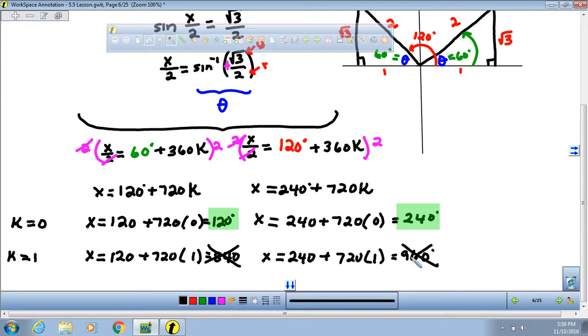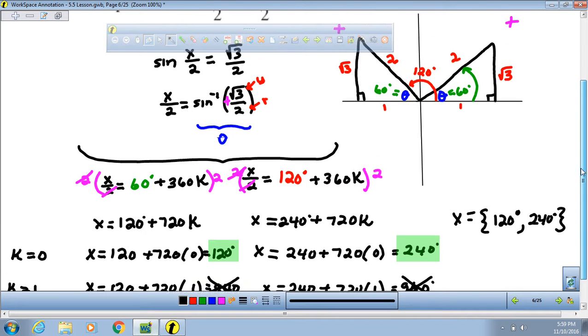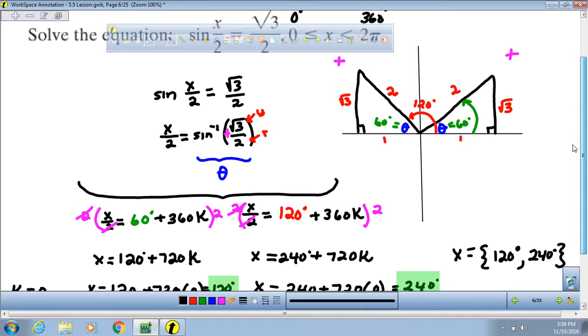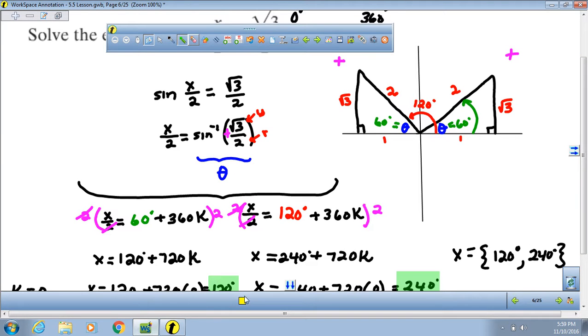So that one is way over my 360. So in this equation there are only two solutions, and the solutions are 120 degrees and 240 degrees. You can check them by substituting them in the original equation, and you will see that it will make it true. These are my answers.